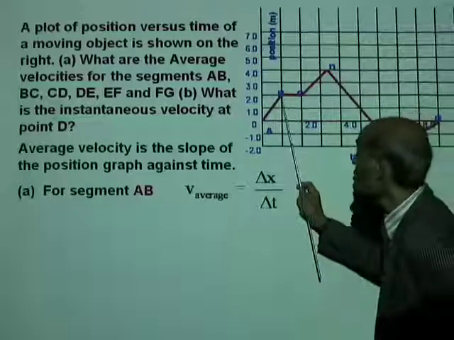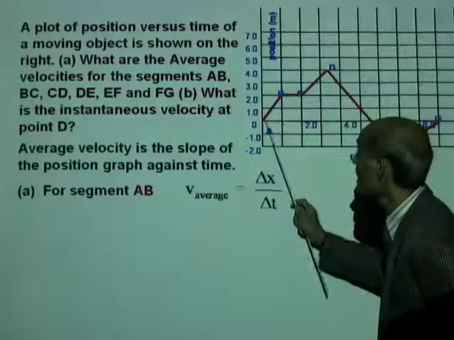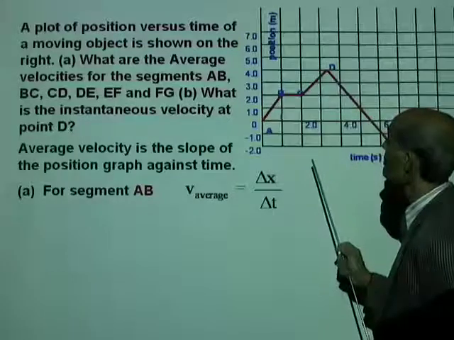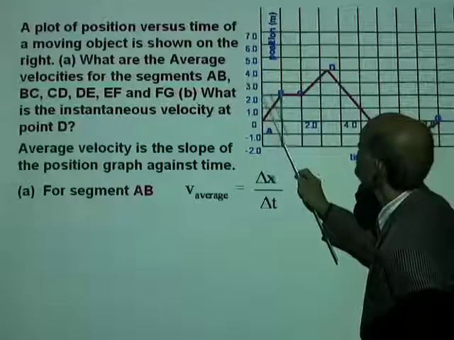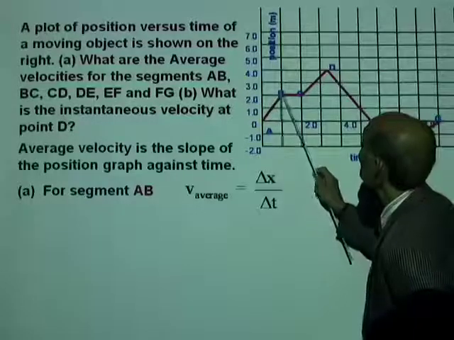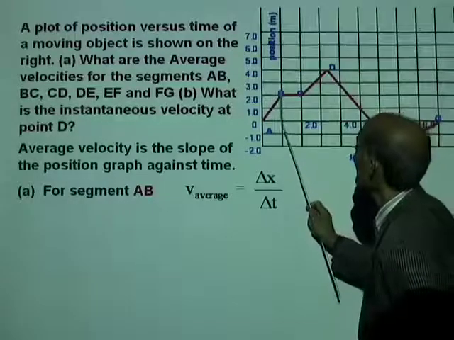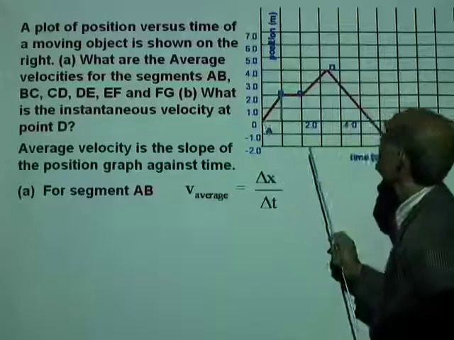You notice that delta x is the vertical line, delta t is the horizontal line. What is that delta x? Delta x is 2 minus 0, that is 2, and delta t is 1.